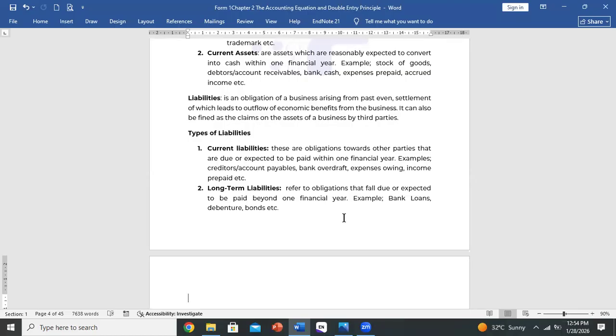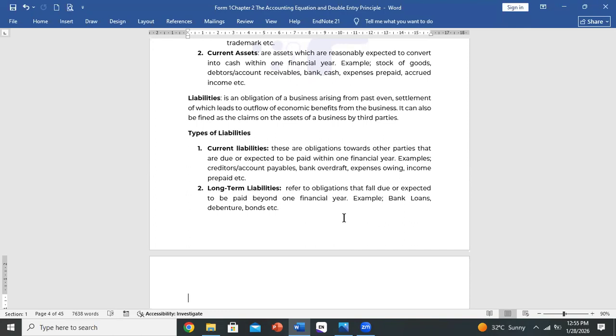So it is a current asset because reasonably they are expected to convert into cash, but it's not always the case that they convert into cash within 1 year. Okay. So watch out and be using the technical definitions. Some say, oh, it's an asset that lasts in the business for 1 year.